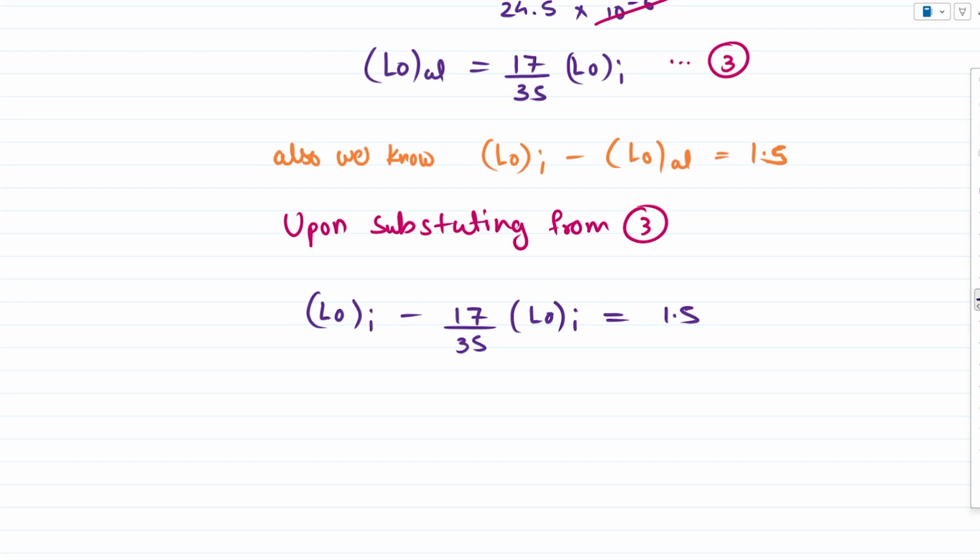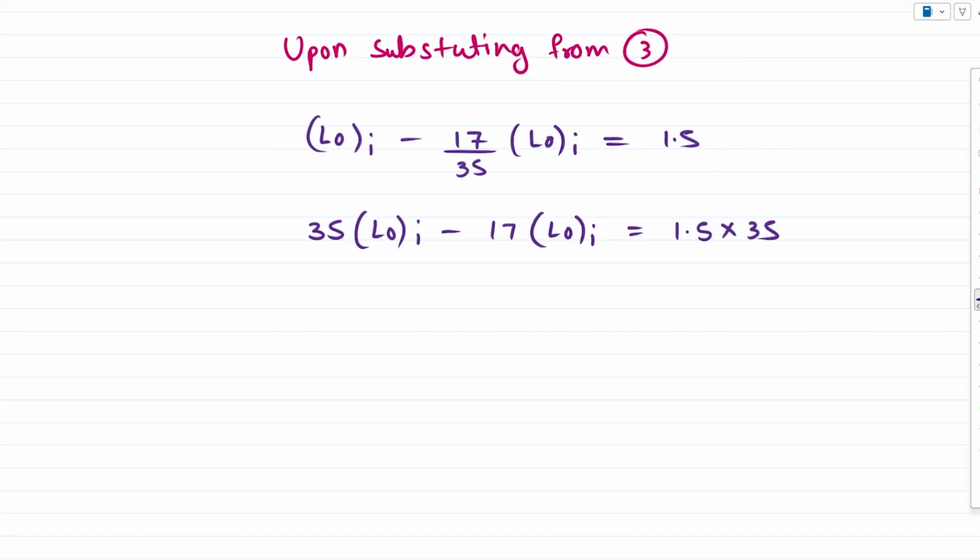Now if I were to multiply by 35 throughout, I would get 35 times L₀ of I minus 17 times L₀ of I gives me 1.5 into 35. Okay, so 35 minus 17 gives us 18 times L₀ of I is equal to 1.5 into 35, which gives us 52.5. So therefore from this we get the length of iron as 52.5 upon 18.